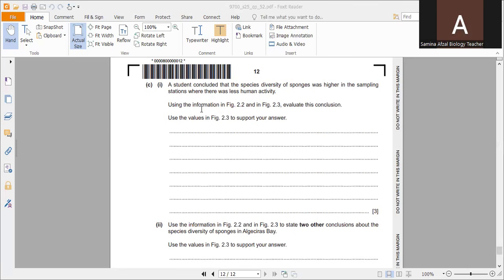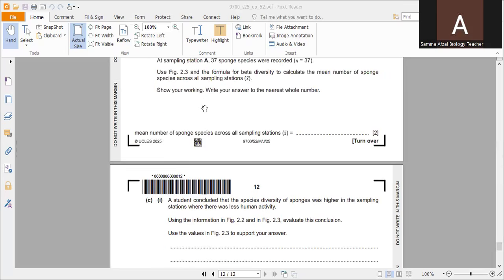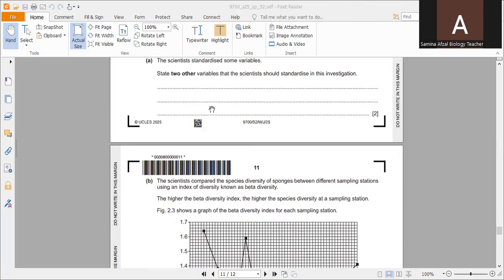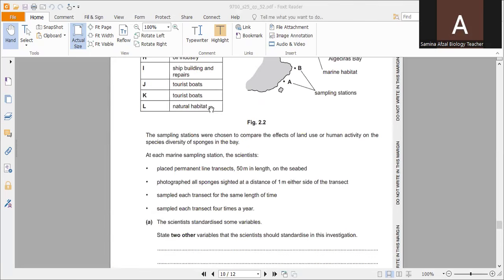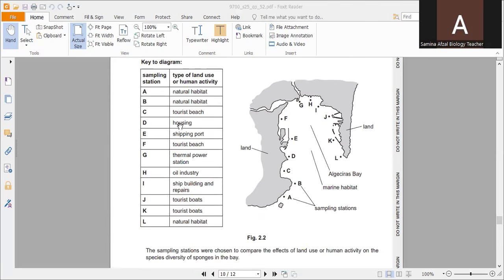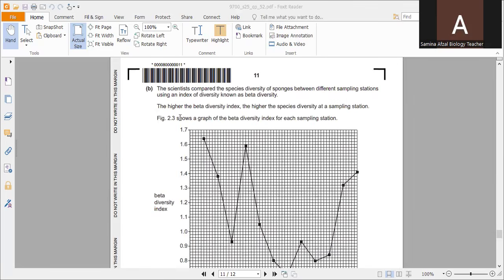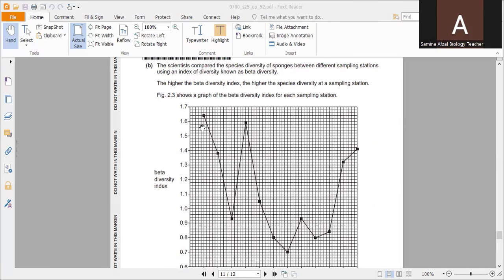But we can see that point D is housing, which means where the human activity is at its most, so it will not support the conclusion.